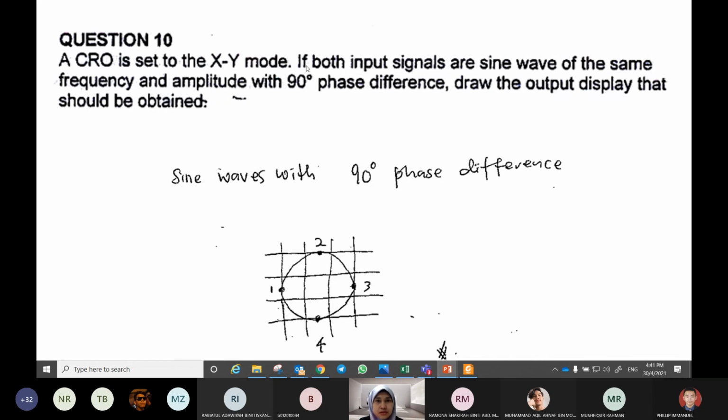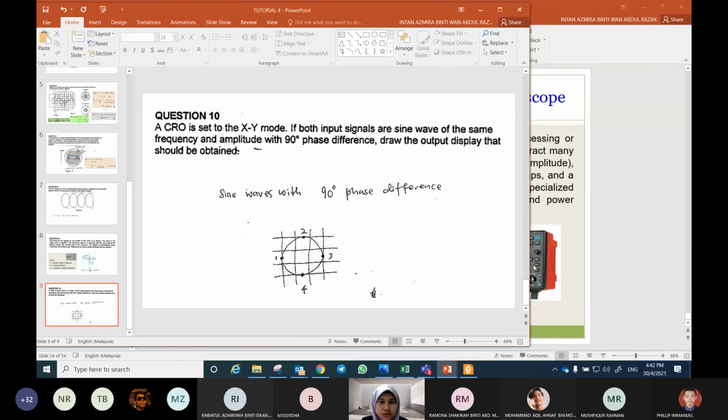We know that with a 90-degree phase shift, the Lissajous pattern will be a circle. Same frequency and amplitude, so it will be like this. The frequency on horizontal is equal to the frequency on vertical. So we will get a circle.